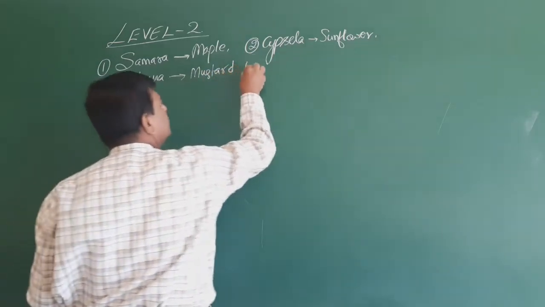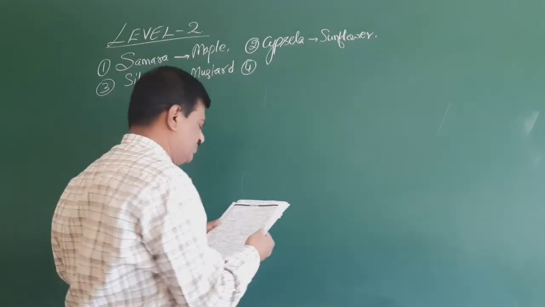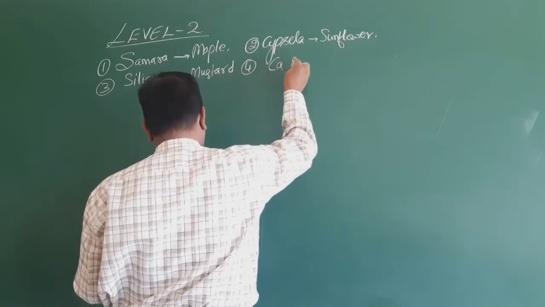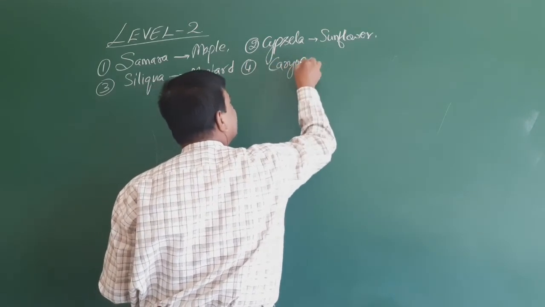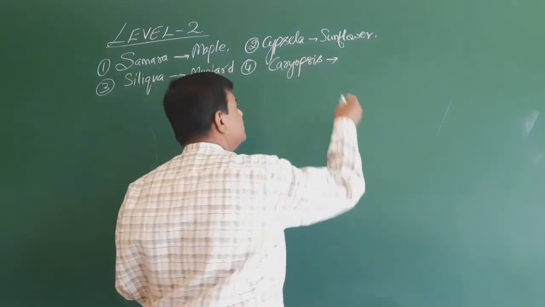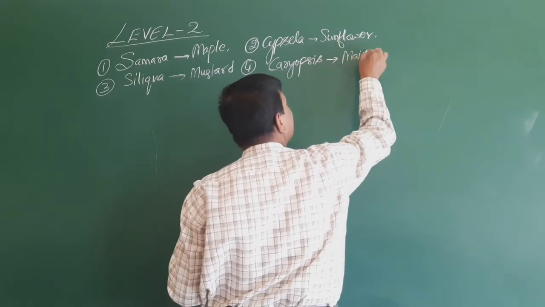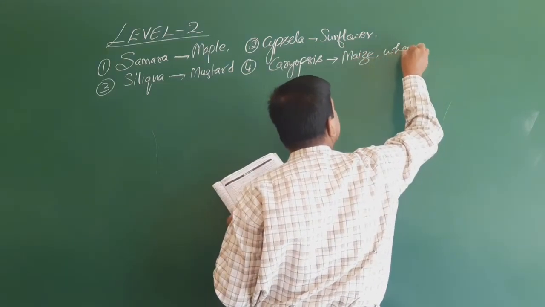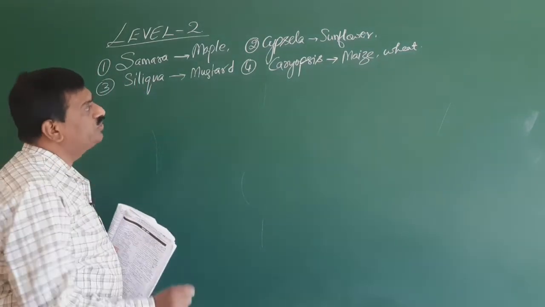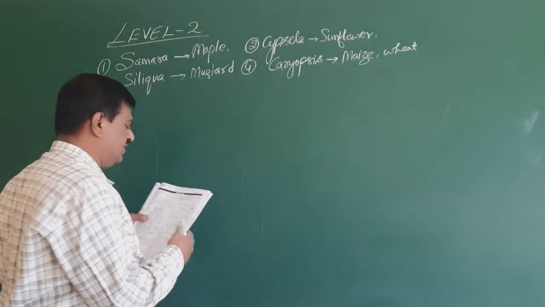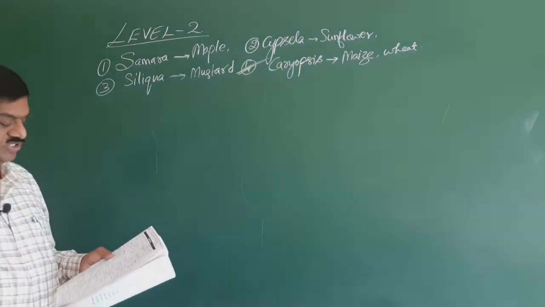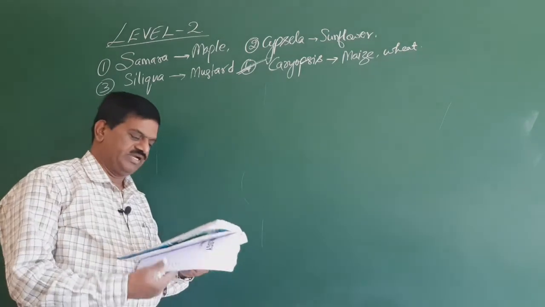And the fourth option is caryopsis, which can be seen in maize and wheat. Here the pericarp and the seed coat are fused, hence it is called caryopsis. The right option is caryopsis, the fourth option.